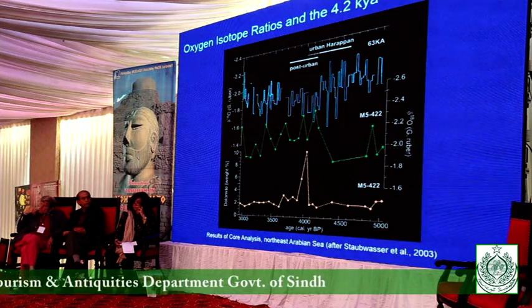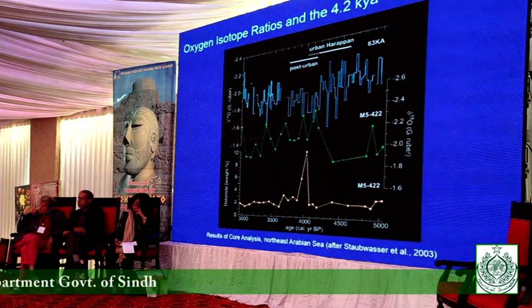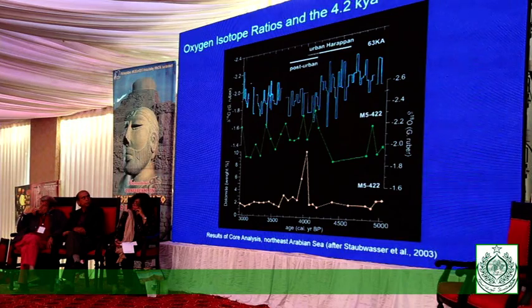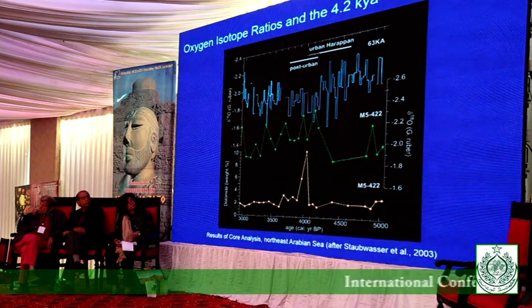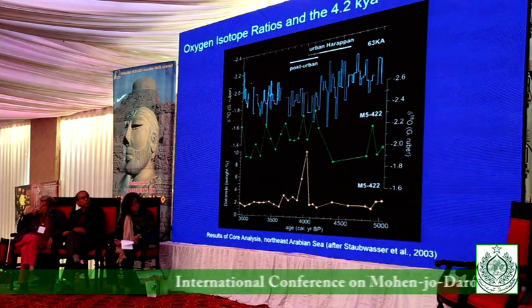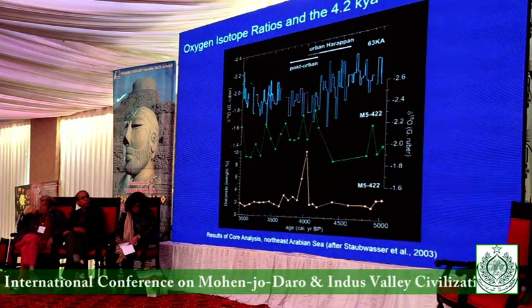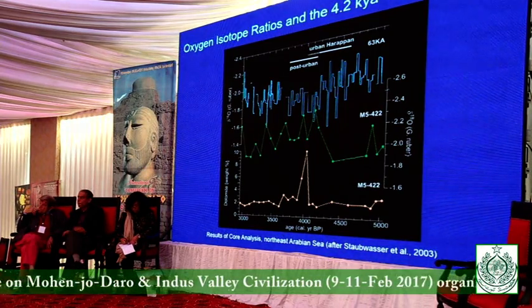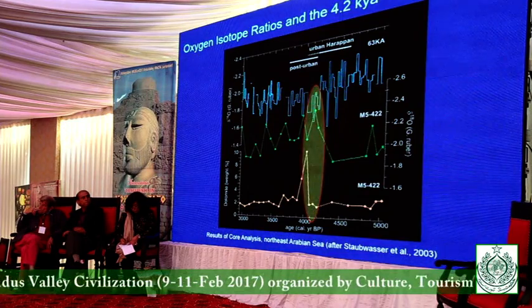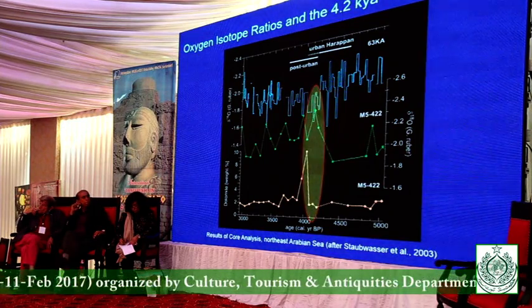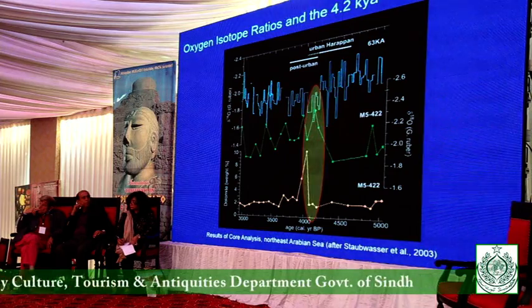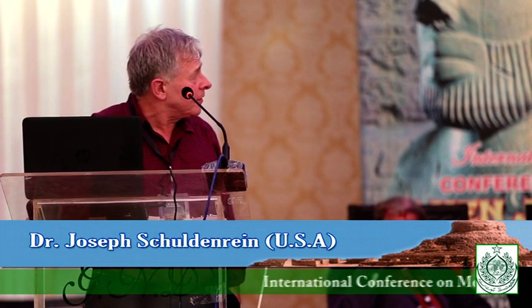Then Dr. Salangi made an excellent point. I didn't realize who was going to bring this up, but this kind of verifies it. There was a 4,200 BP drought event. Geologist Michael Staubwasser from Germany identified this incredible change in oxygen isotope and other isotope ratios that shows an incredible drop, an incredible drying and transformative phases at the end of the urban Harappan phase.